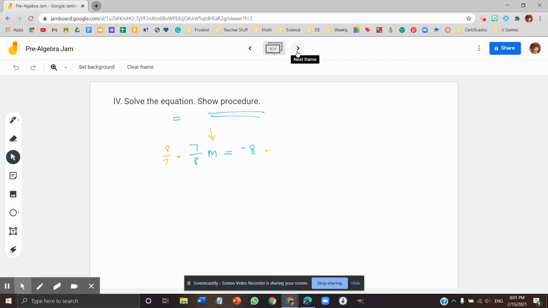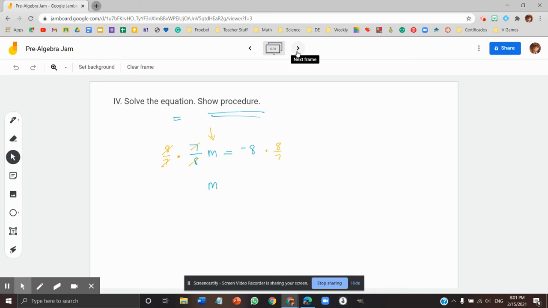Remember that if I multiply by something on one side, I have to multiply by the exact same thing on the other one. So 8 is going to cancel with 8, it's going to be 1. And 7 with 7, all of that is just going to be 1. And we know that anything multiplied by 1 is just what is being multiplied.